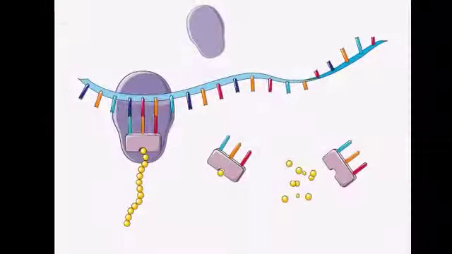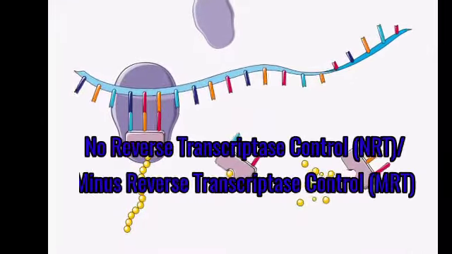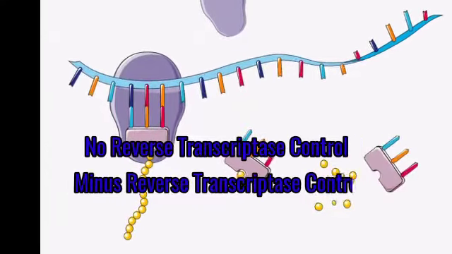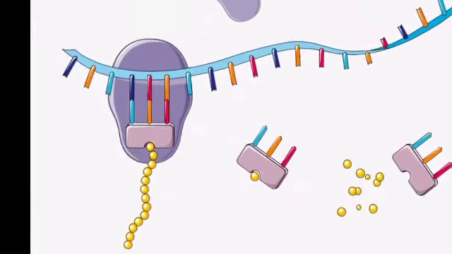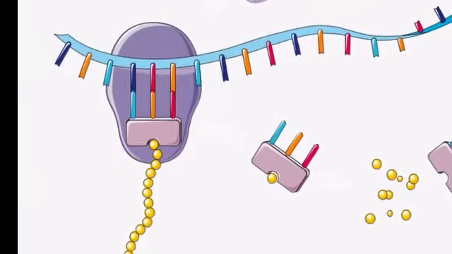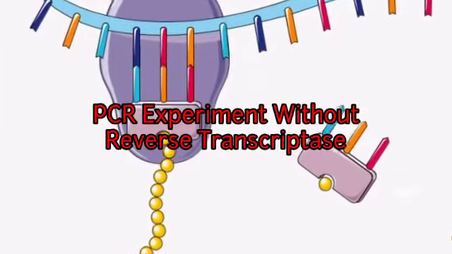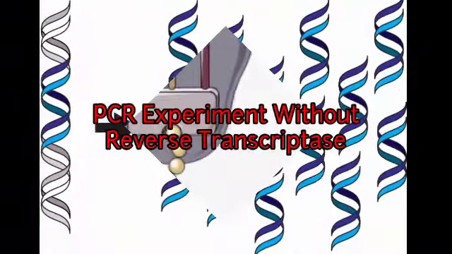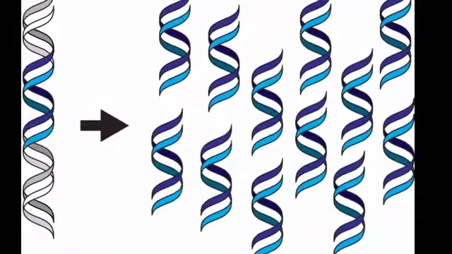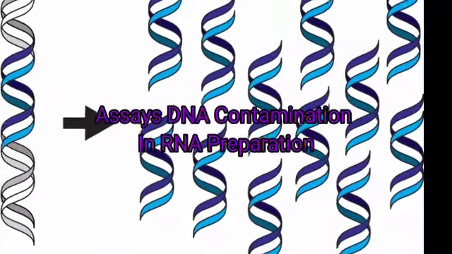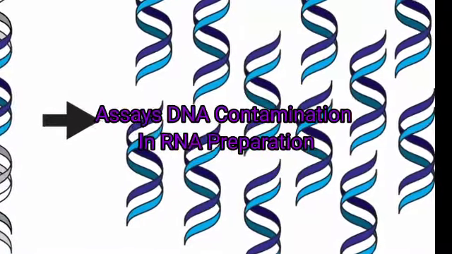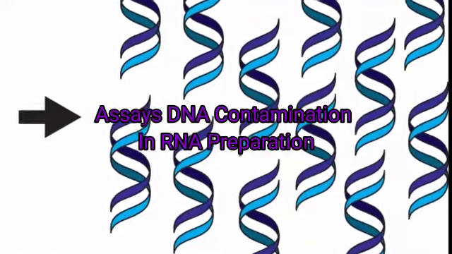The second one is no reverse transcriptase control or minus reverse transcriptase control, which involves carrying out the reverse transcription step of quantitative real-time PCR experiment in the absence of reverse transcriptase. This control assesses the amount of DNA contamination present in an RNA preparation.